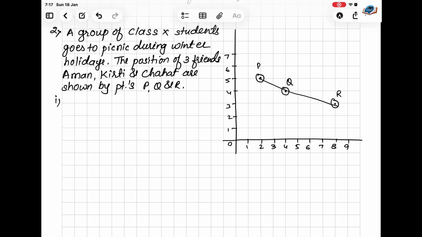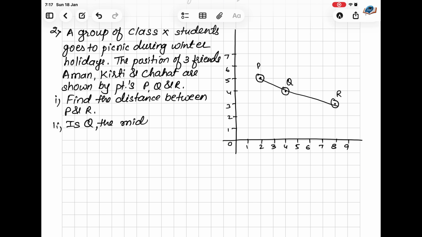First is find the distance between P and R. Second is Q the midpoint of PR? Justify by finding midpoint of PR.